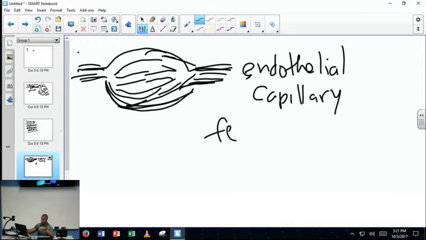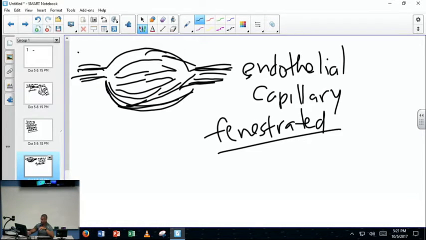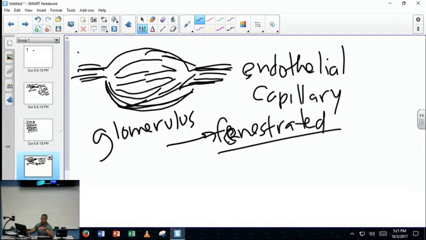It's called a fenestrated capillary. And that means it has little holes in it, so it has fenestrations. This is one of the selective barriers that allows certain molecules in, certain molecules to diffuse simply, and certain ones not, like larger macromolecules, like globulin. So your glomerulus is a capillary with fenestrations. That's all it is.